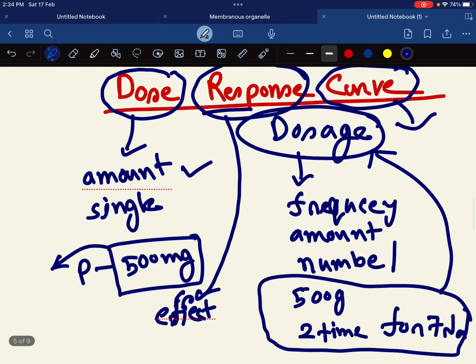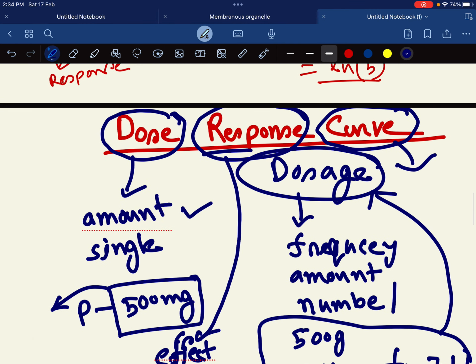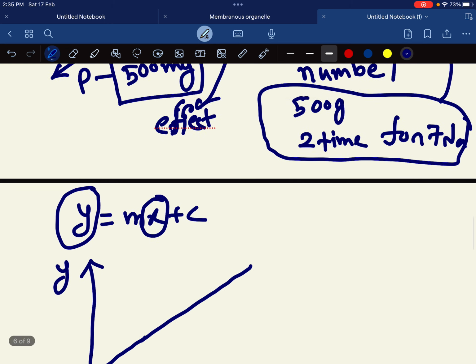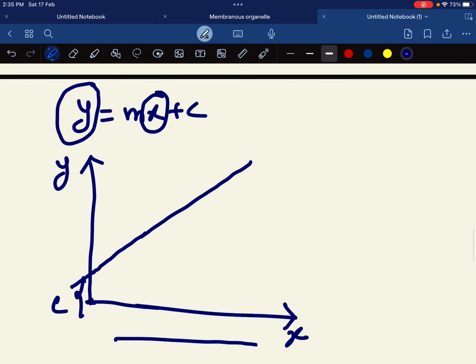So in our dose response curve, the dose is independent and the response is dependent on the dose. So basically we can change the dose according to our wish, and the response will change according to the dose.